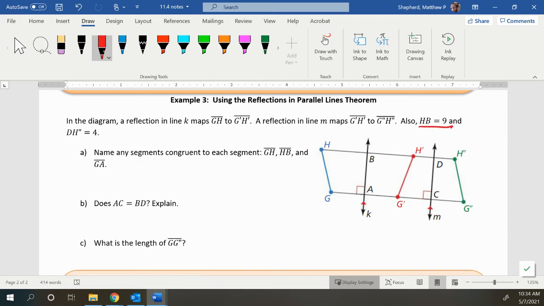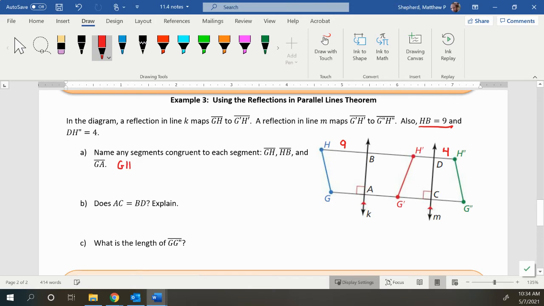Okay, they also tell us that HB is equal to 9 and that DH is a 4. All right, so we know those distances. So name any segment congruent to each of these segments. So let's start with the GH.